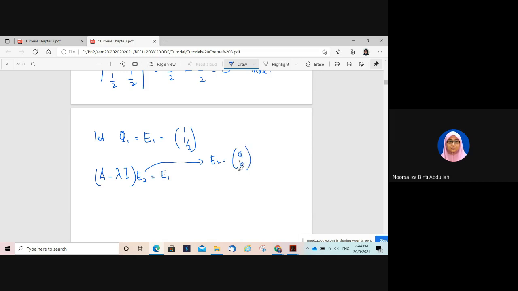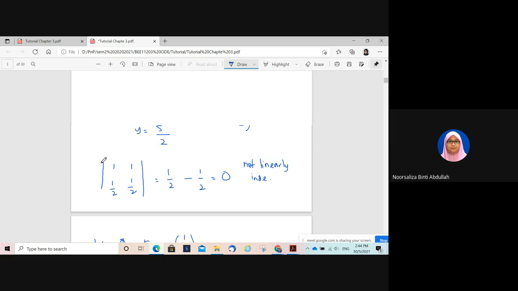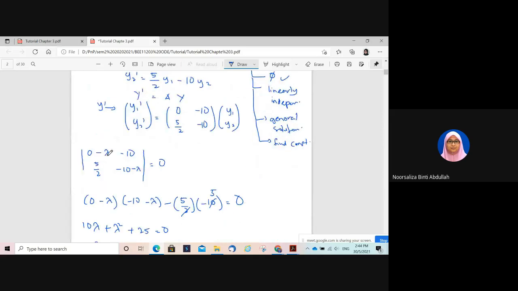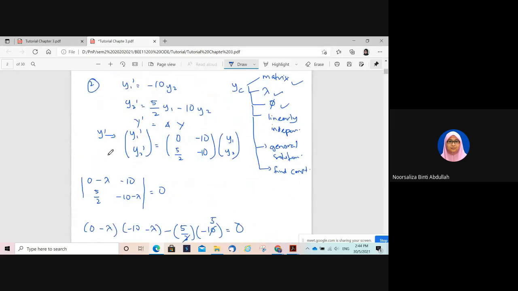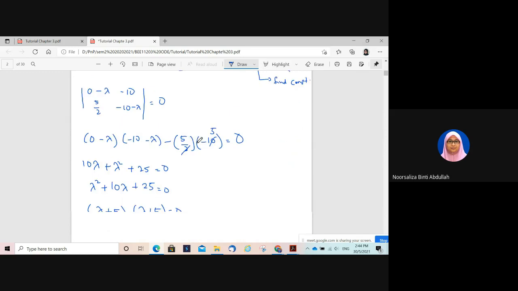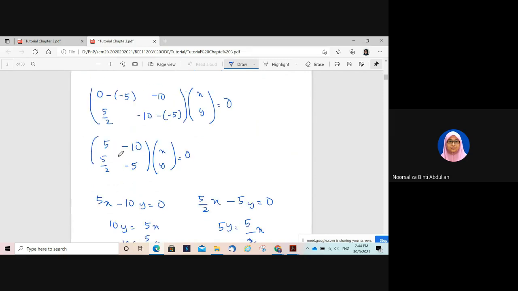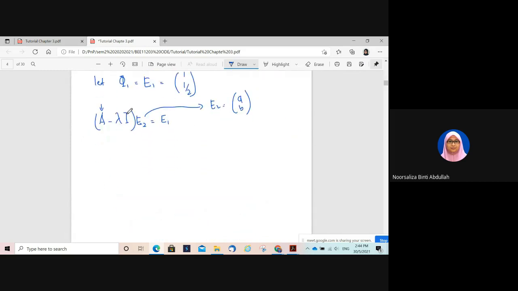Then we insert. So we know what A is. A we can get from here. Sorry, where was it earlier? From here, this one is your A. A minus lambda, so this is your lambda, and then times I. This I is an identity matrix.